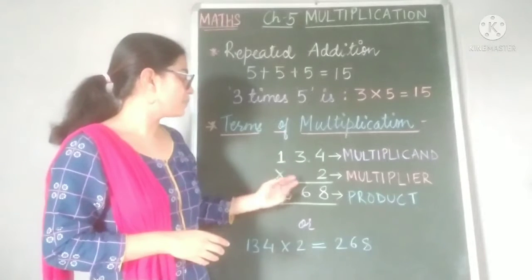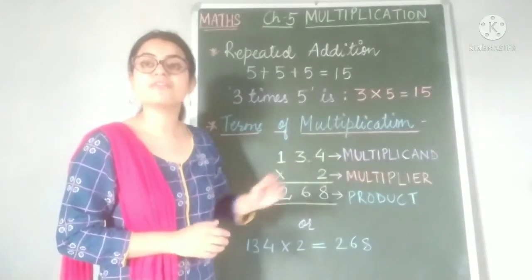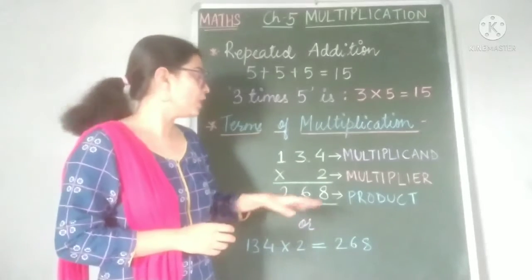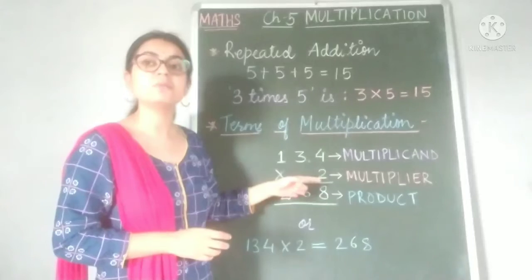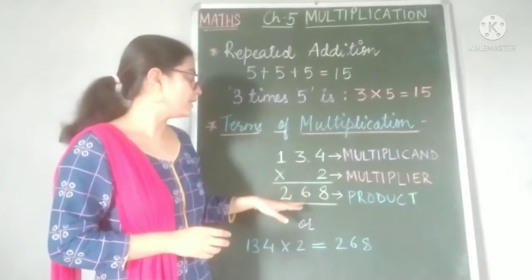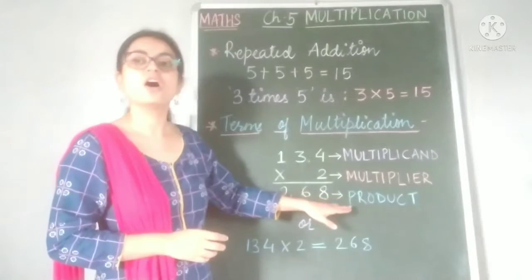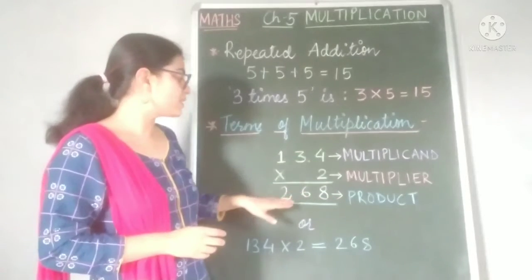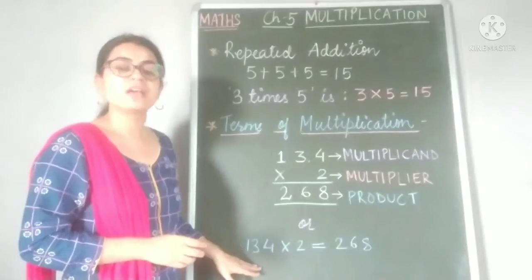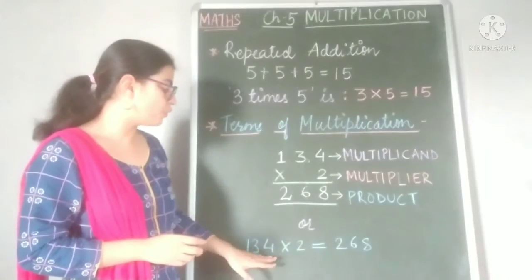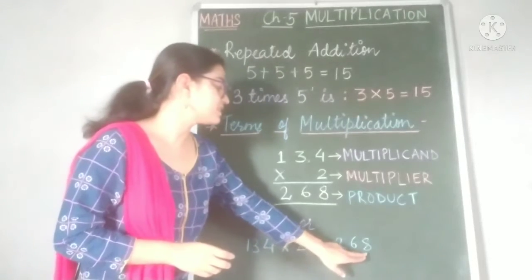In this example, 134 is the multiplicand, the number which is to be multiplied. 2 is the multiplier, that is, we are going to double the multiplicand. And the answer which we get, 268, is the product. This question can be represented horizontally as 134 multiplied by 2 equals 268.